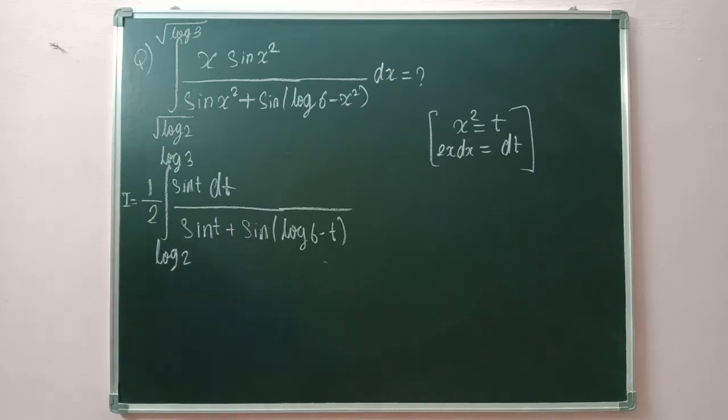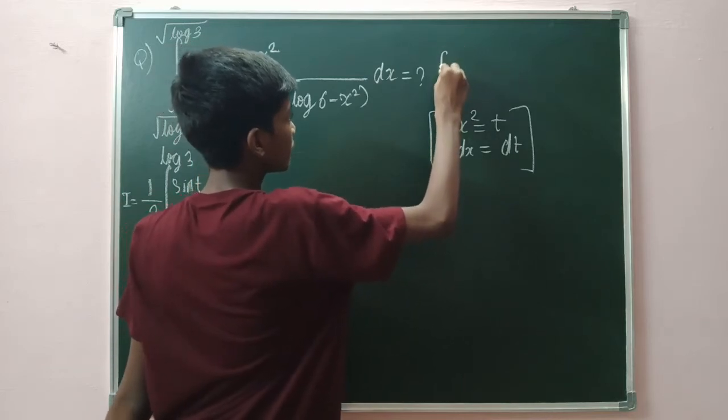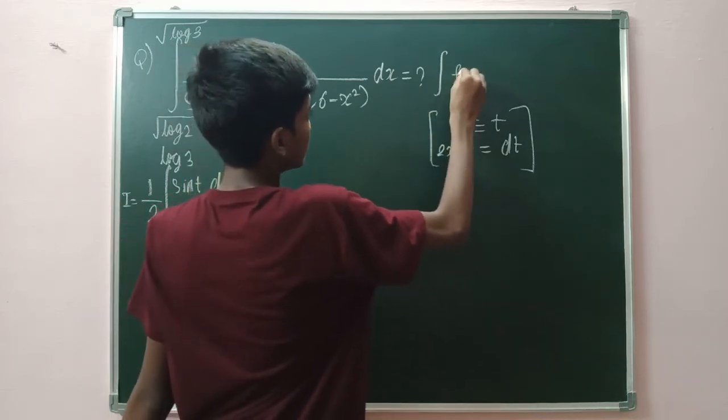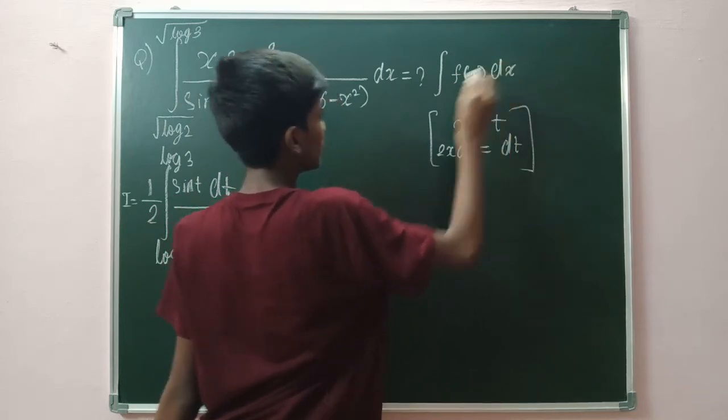So now I am going to use your King's rule. What your King's rule says is a very famous one, guys. If you don't know this, then I think you are not aware of the syllabus.